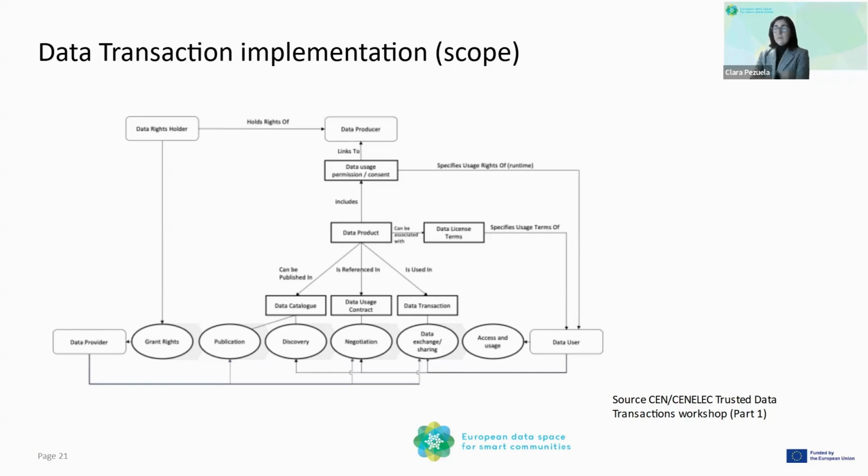So what you are really exchanging or sharing is a data product, which includes not only the data itself, but also should include certain license terms in order to explicitly say which are the usage rights or the usage terms that you have in regards to this product. And normally this product is published in a data catalog, is referenced in a data usage contract, and is used in a data transaction.